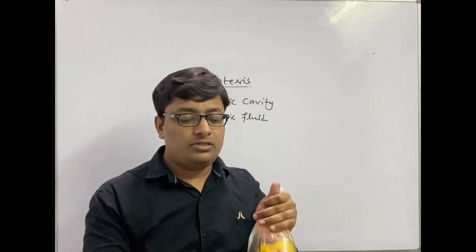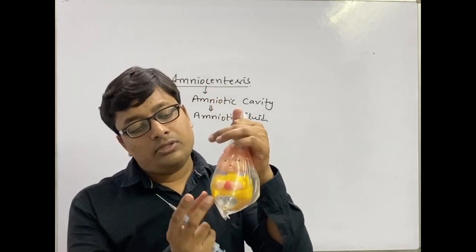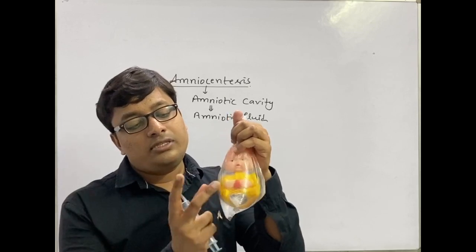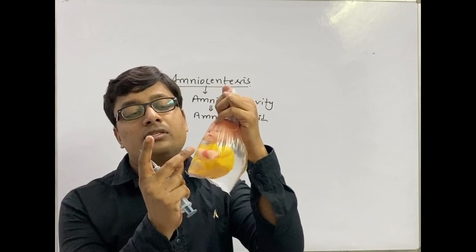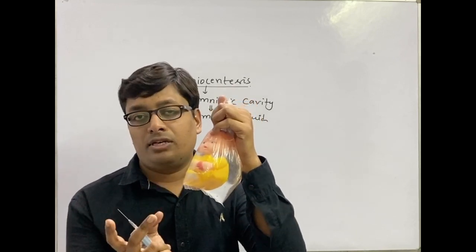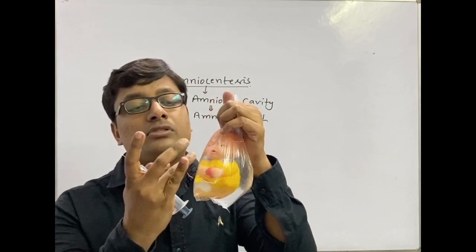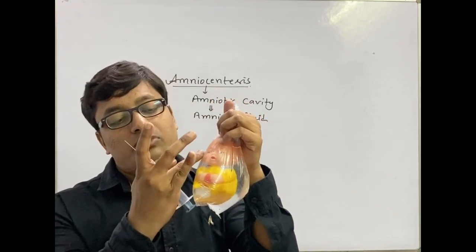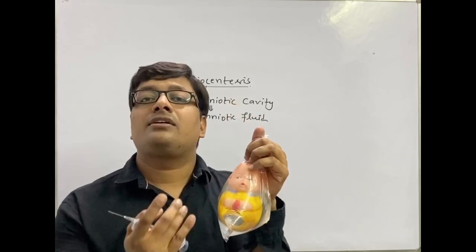So suppose this is the amniotic cavity. The baby is enclosed in this amniotic cavity having the amniotic fluid. This amniotic fluid is clear to pale yellow in color. During development, this amniotic fluid receives the embryonal or fetal cells like skin cells, liver cells, placental cells.